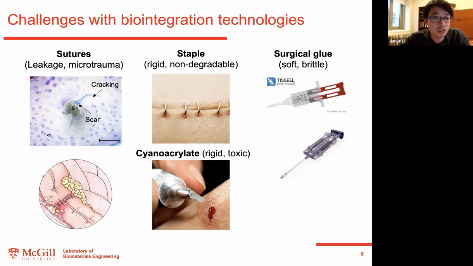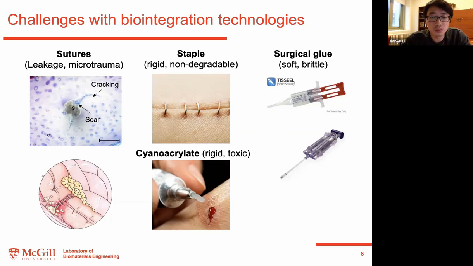So here is a histology of a cartilage sample. And as you can appreciate, near the suture site there is lower cell density and also micro cracks forming inside the native tissue, right? Not only that, because it's point-wise fixation, it can have leakage of body fluids, the blood or the air from the lung. That's just not perfect in terms of the suturing technique.